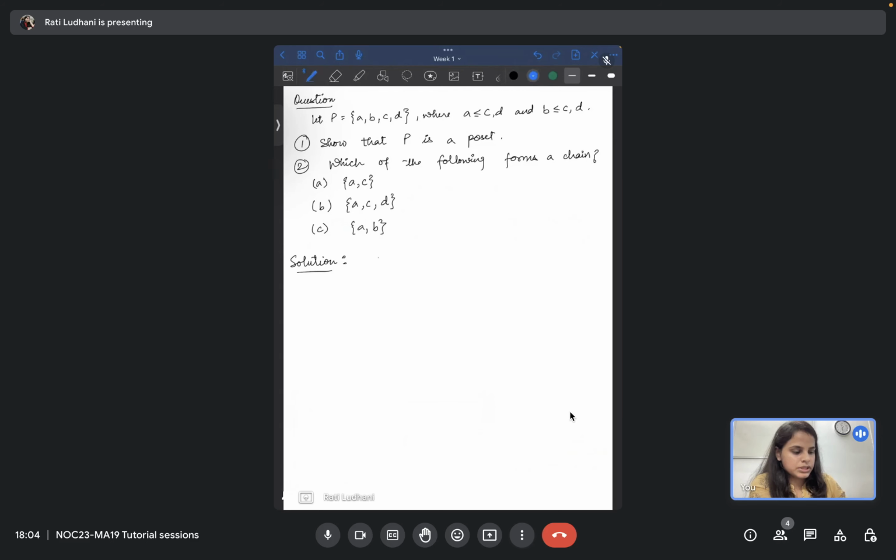Just to recall, a poset is a set with a relation which satisfies first reflexivity, second antisymmetry, and transitivity.